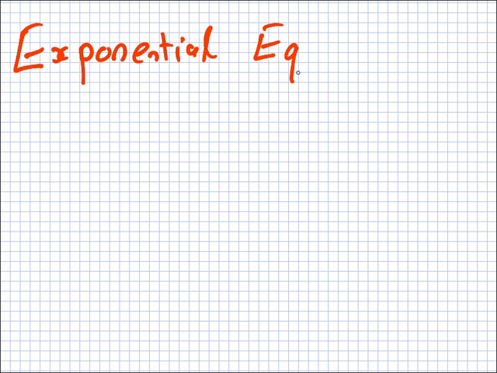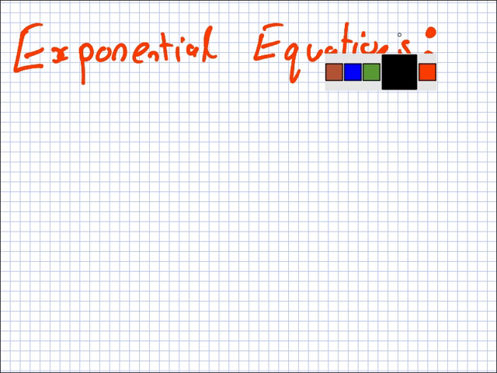So what we're having a look at now, exponential equations. We're going to use the rules that we learned previously to solve some problems where the x is in the power.